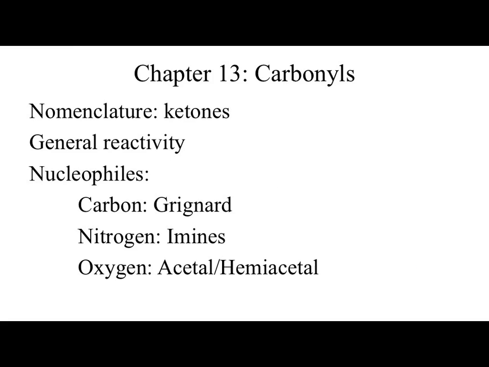When we looked at chapter 13 with our carbonyls, you need to know your nomenclature for your ketones. In general, your reactivity of carbonyls. Okay, all of your functional groups, you're responsible for knowing the general reactivity. So if we've got our carbonyl, what chemistry do we have? Carbonyl chemistry, fair enough. That carbon can act as... It's an electrophile because it's got an electronegative oxygen attached to it, pulling the electron density away.